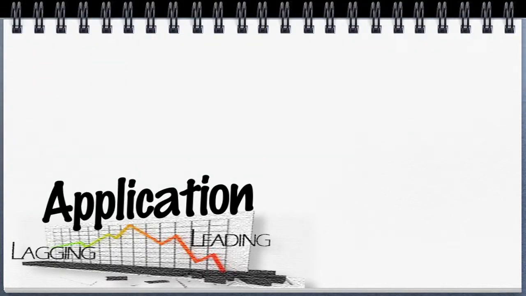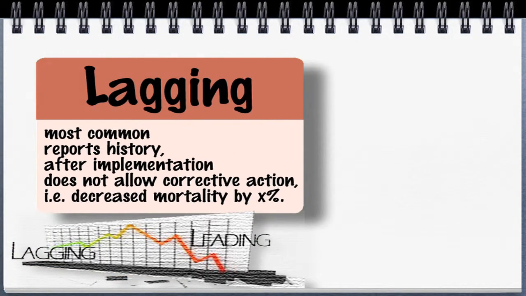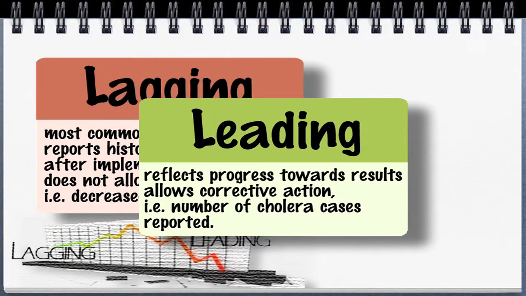Application. In practice, there are 3 types of indicators. Lagging indicator: most commonly used, reports history, situation after implementation, hence does not provide possibility for corrective action. For example, decreased mortality by X%. Leading indicator: reflects progress being made towards the respective results, hence provides opportunity for corrective action.